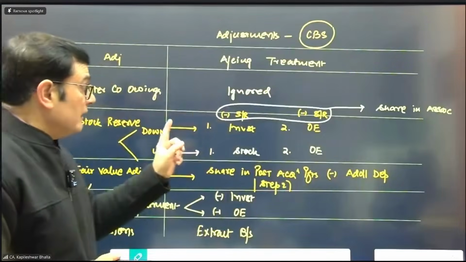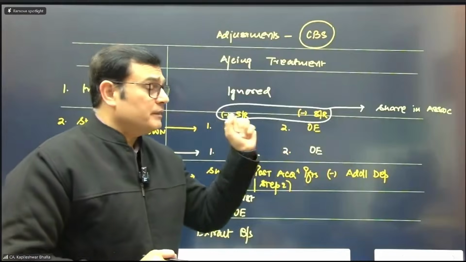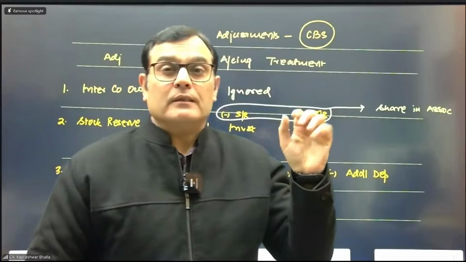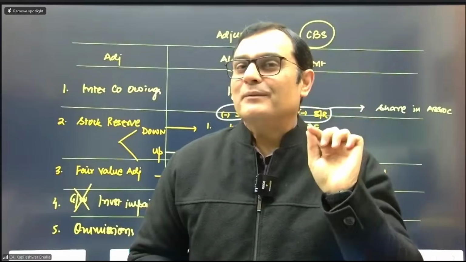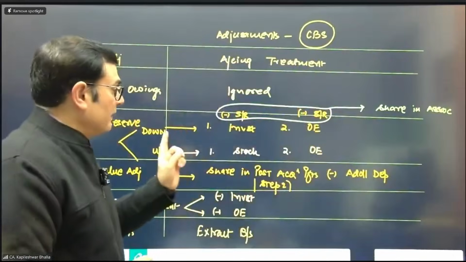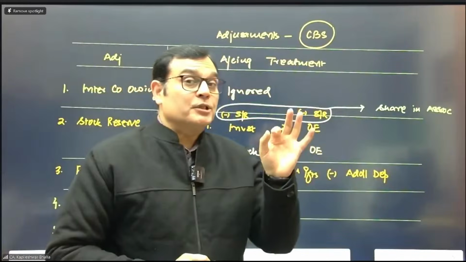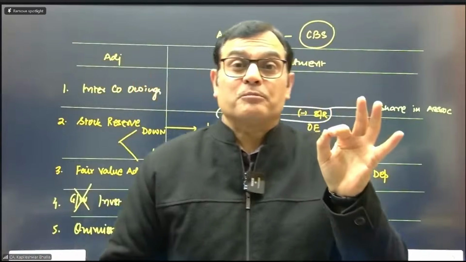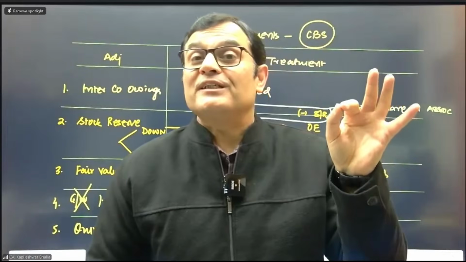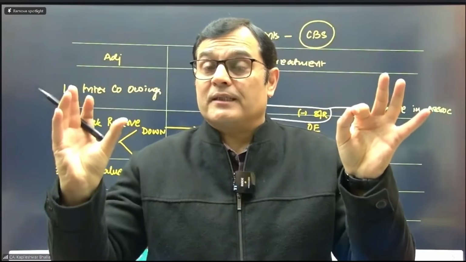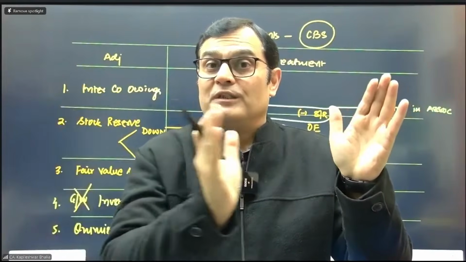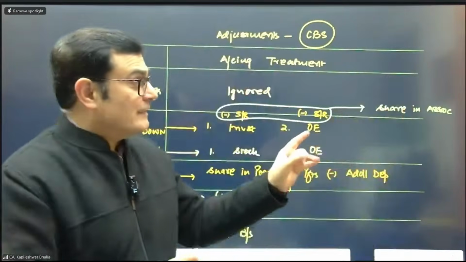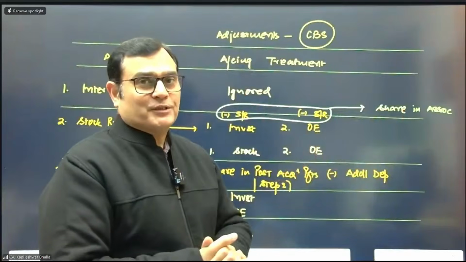Now, when it is downstream in nature, can I say this other equity of the investor includes that profit? We need to eliminate that. If it is upstream in nature, then the share in the post-acquisition profits got included in the other equity. The associate company made a profit and the share of the profit went to the investor. So this is a part of the other equity in any case.